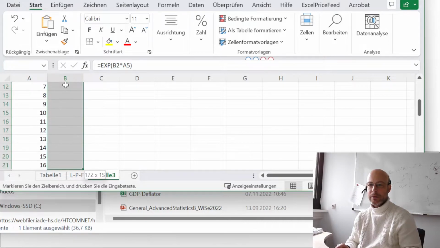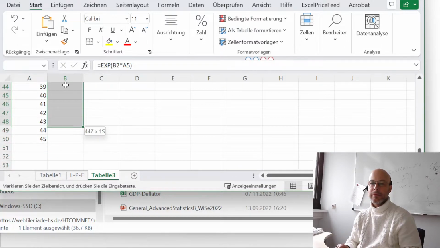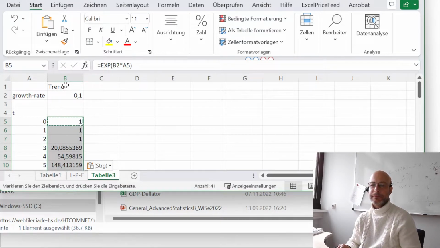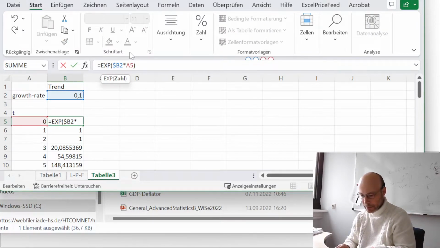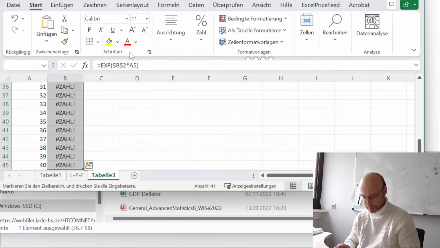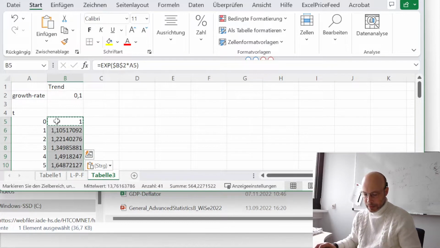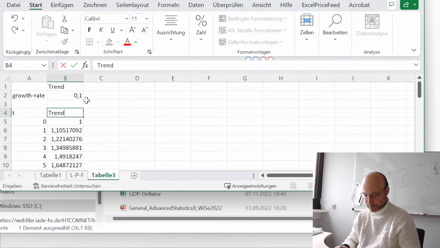And then we can go down, up. I think I created 50, 45, or let's go to 40. Oh, I have to fix, of course, here my growth rate. And this would be then our trend data.